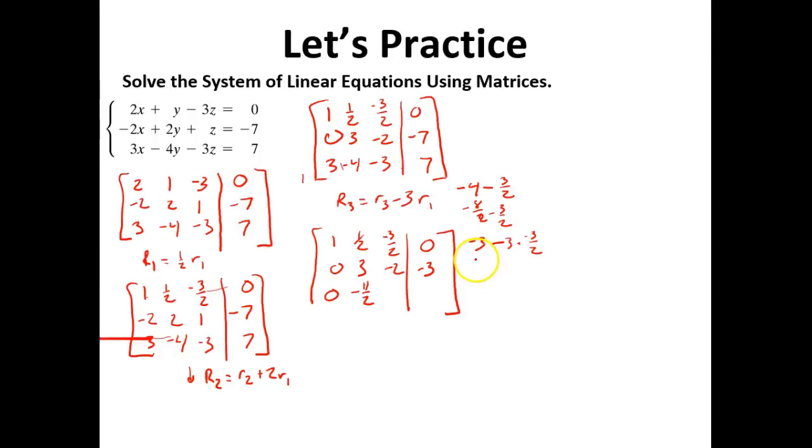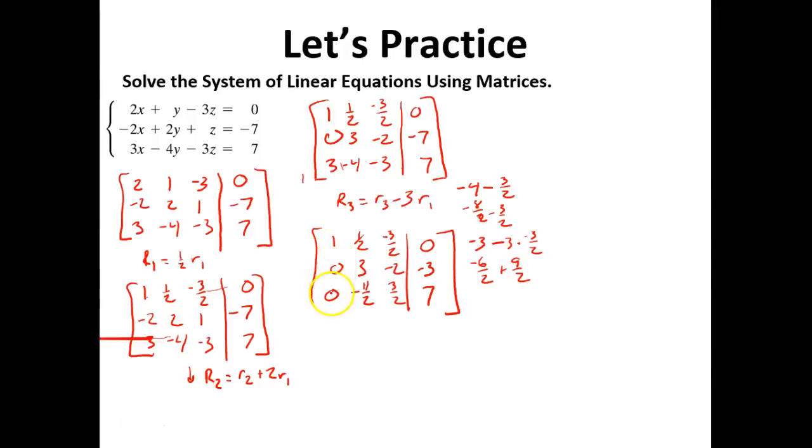I'm going to need a bottom of a half, so I'm going to use -6 halves plus 9 halves, and that's going to give me 3 halves, like that there. And then here, 7 minus 3 of this still remains 7. As I'm looking at this, I'm double checking my work that I've done previously.